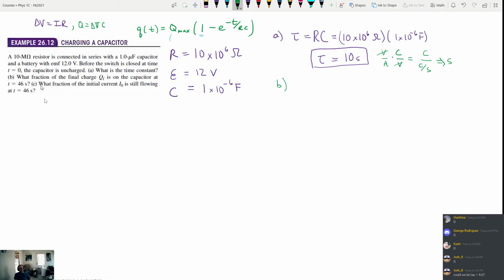Let tau equal to 4.6. Well, tau is kind of fixed. What do you mean exactly? Do you mean this exponent?